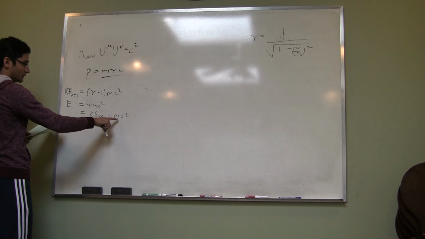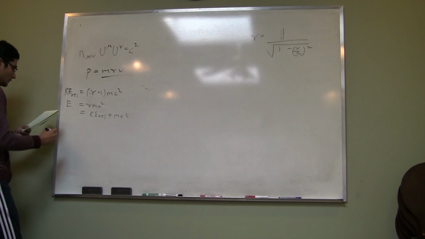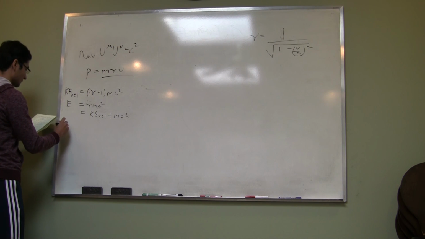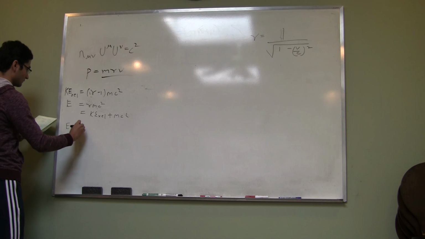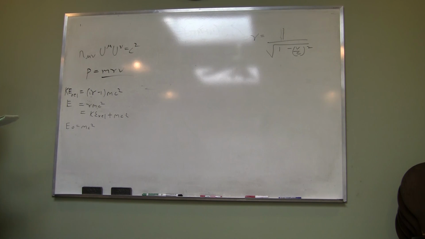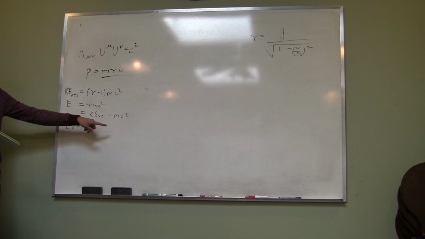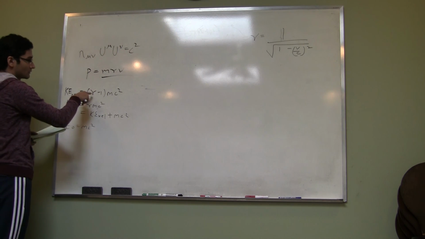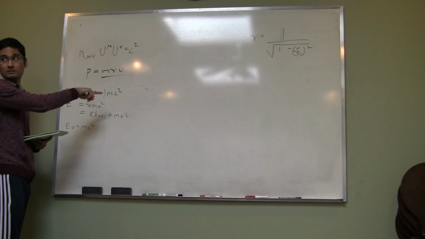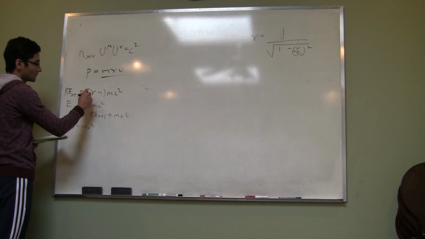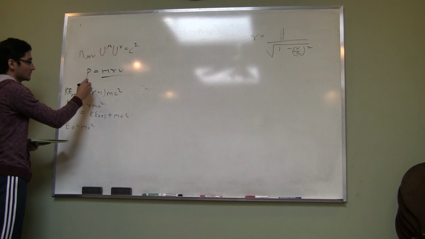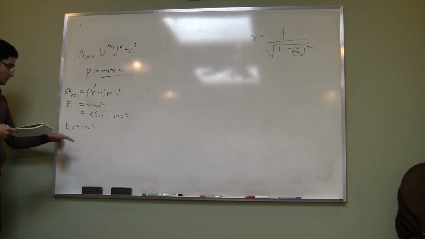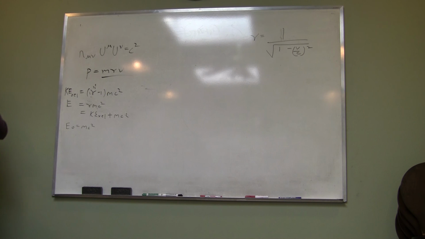So E zero equals mc square when velocity is 0. When v is 0, v square by c square is 0, so gamma, which is 1 upon root 1 minus v square by c square, becomes 1. So you will have just mc square only when you are at rest.